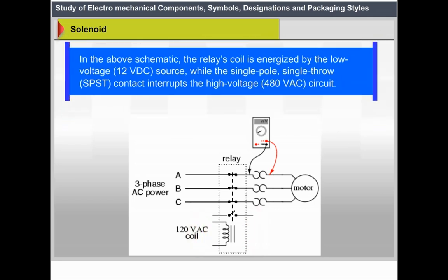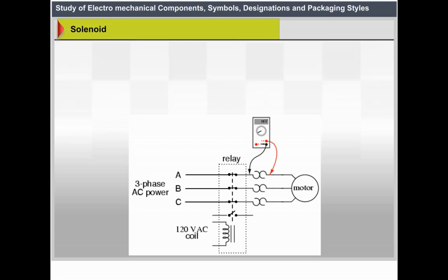In the above schematic, the relay's coil is energized by the low voltage of a 12 volt DC source, while the single pole single throw (SPST) contact interrupts the high voltage of a 480 volt AC circuit.